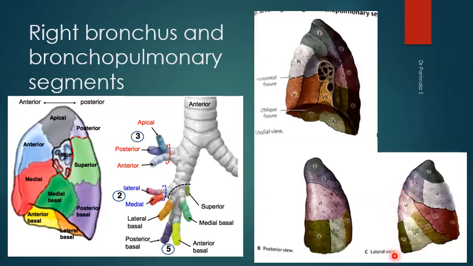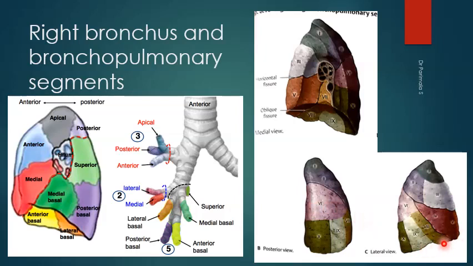And then this one is the lower lobe. In lower, what are the things? One is apical. So apical number will be 6. So where are we seeing the 6? In which view? In the posterior view we can see the 6th segment, the superior bronchopulmonary segment of the lower lobe, that is 6th one.